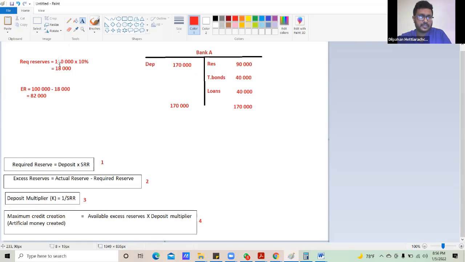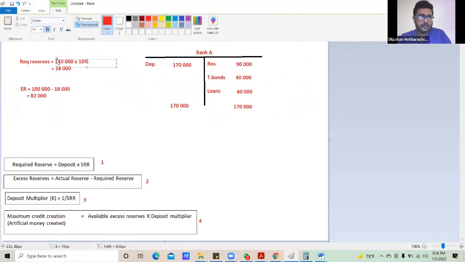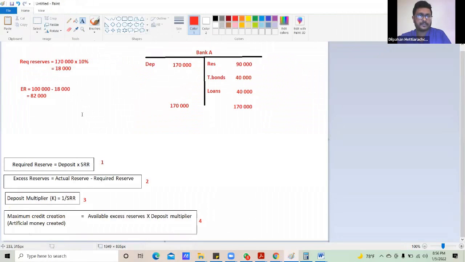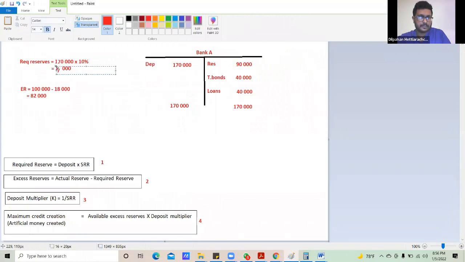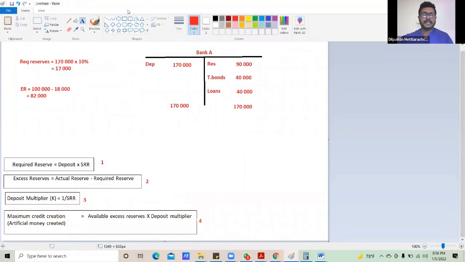So here it should be 170,000. So then the answer will not be 18,000. It will be 17,000. Right? And then this calculation. Excess reserves equals actual reserve minus required reserves. How much is the actual reserve now? Is it 100,000? No. It is 90,000.